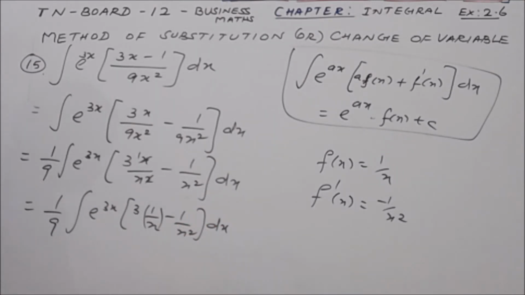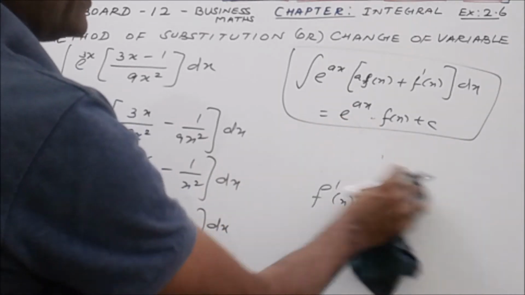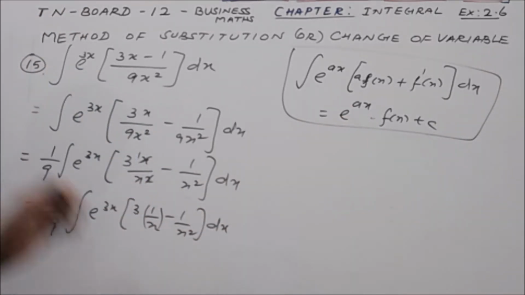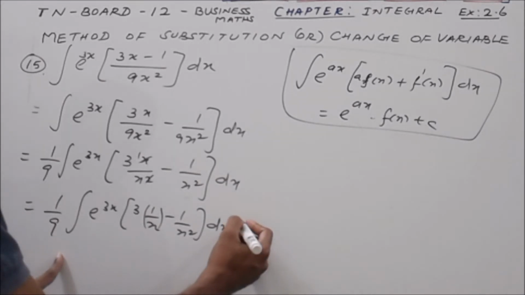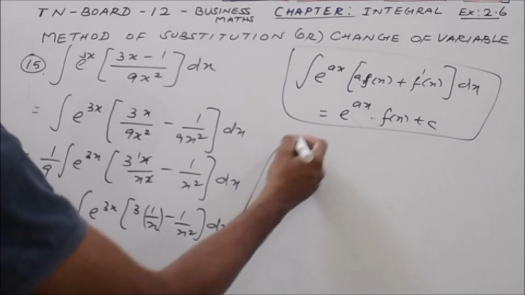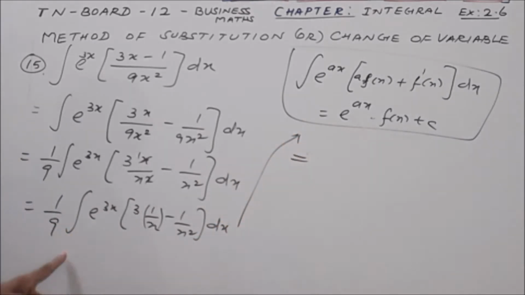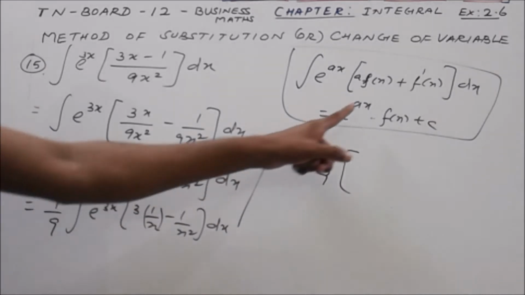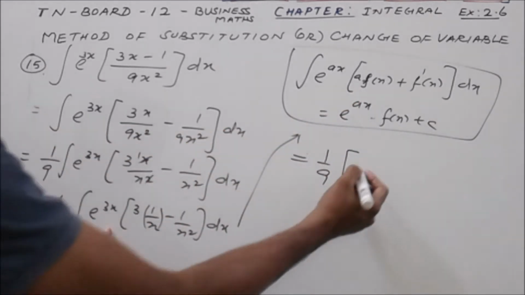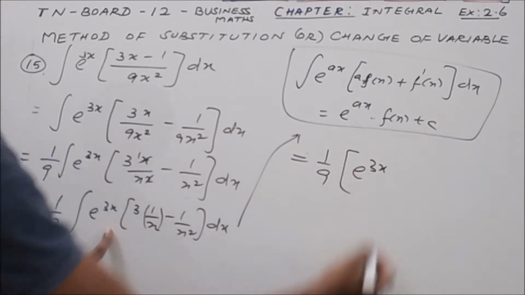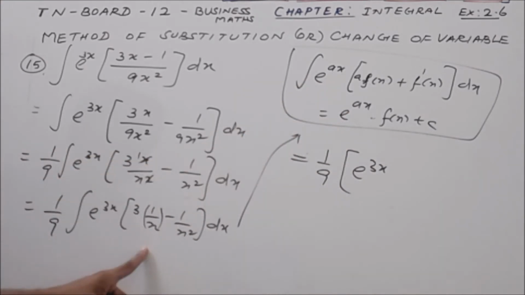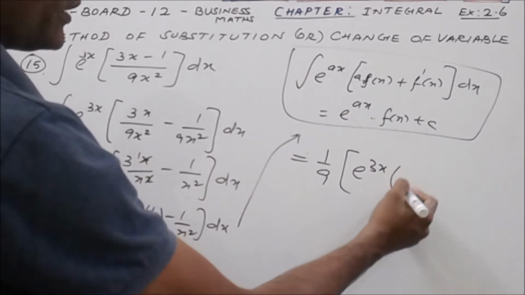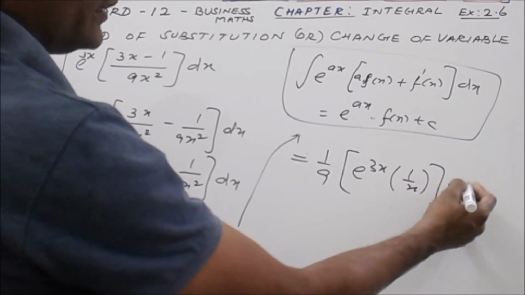It is very easy now, we can go with the formula: integral e power ax into [a f of x plus f dash of x] dx. By the above formula we can conclude 1 by 9 constant, then e power 3x into f of x, which is 1 by x, plus c.